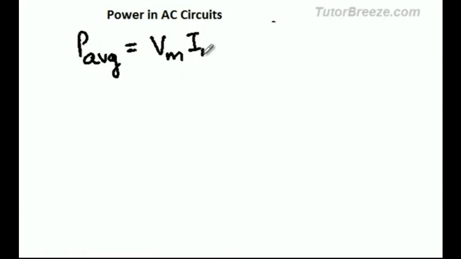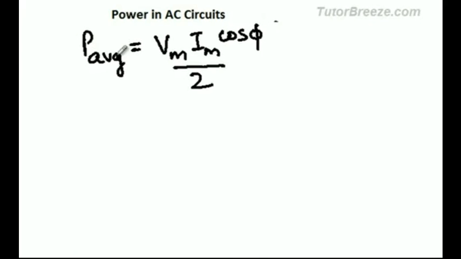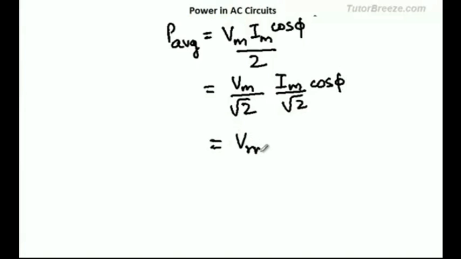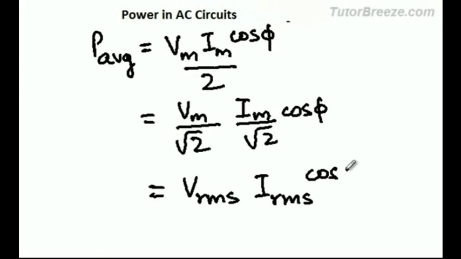We had Vm Im over 2 times cos phi, and splitting the 2, we can write this as Vm over root 2 times Im over root 2 times cos phi, which finally gives us V RMS times I RMS times cos phi. And in case you're not familiar with RMS values, please go through the lesson titled RMS values, and once you've done that, then you can come back to this lesson.